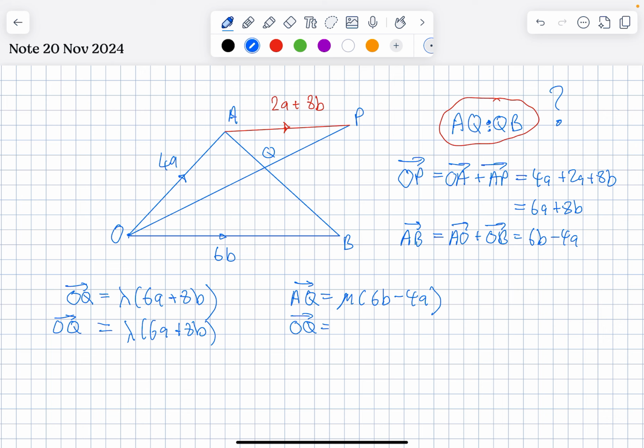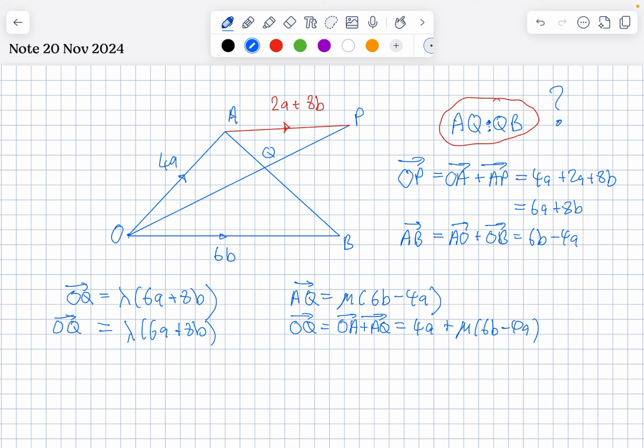I'm going to go from O to A, and then I go from A to Q. So I've got 4A plus my mu 6B minus 4A. So now I've gone from O to Q in two different ways.